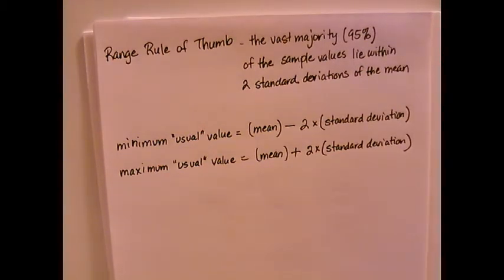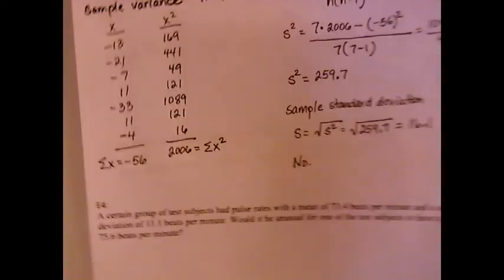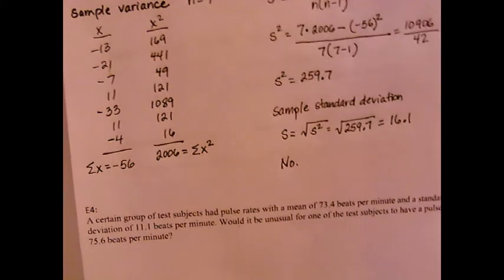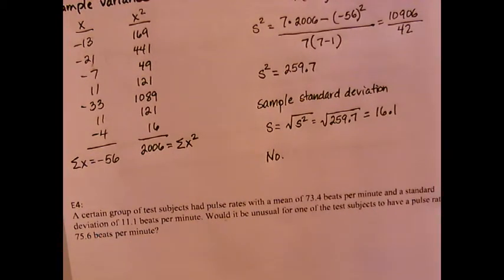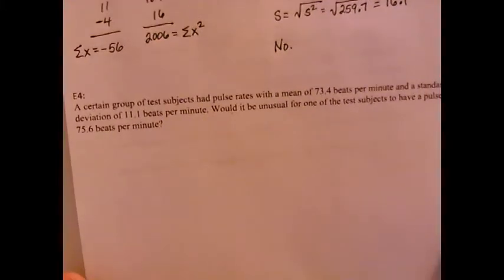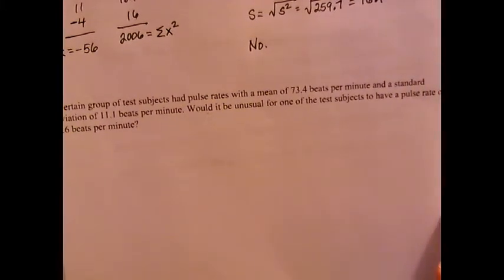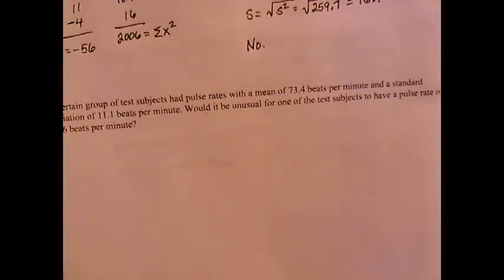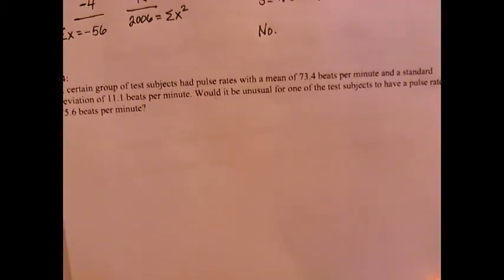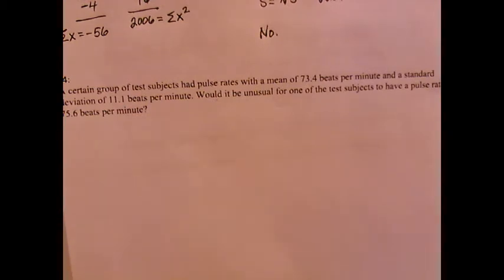Okay. So here we use these two formulas to find the minimum usual and the maximum usual value of a set of data. And here's one example of just that. Let's say we had a certain group of subjects. They had pulse rates with a mean of 73.4 beats per minute and a standard deviation of 11.1 beats per minute.